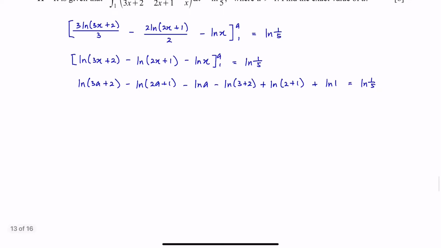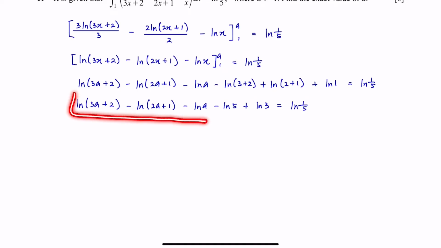And now we have ln(3a+2) minus ln(2a+1) minus ln a minus ln 5 plus ln 3. ln 1 is 0, so we can ignore that, equals ln(1/5). And now we can group.